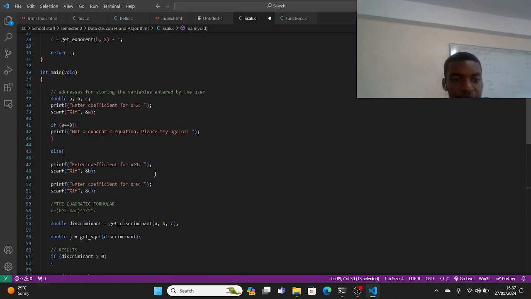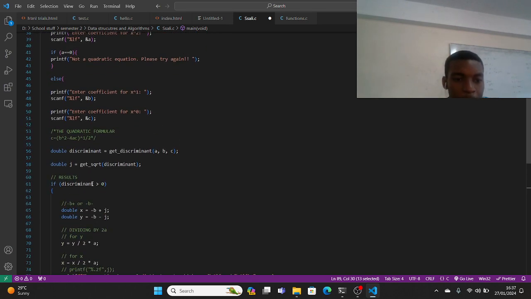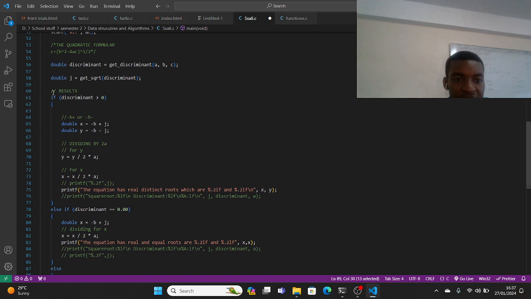So if the discriminant is greater than 0, then in quadratic equations, the reason we always have 2 values is because of that square root sign. Once whatever is under that square root sign totals up to a positive, the square root of any positive number is a negative and a positive. That's why we have 2 values. So once the discriminant is greater than 0, we shall have 2 values for the roots.